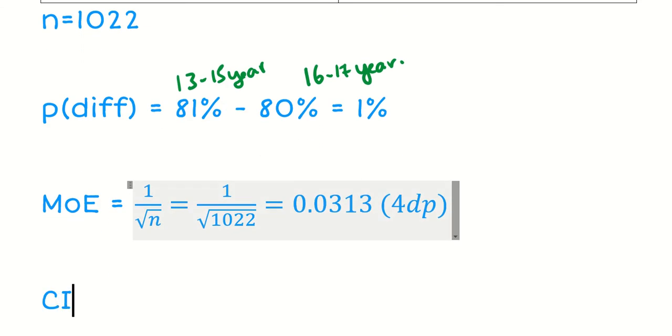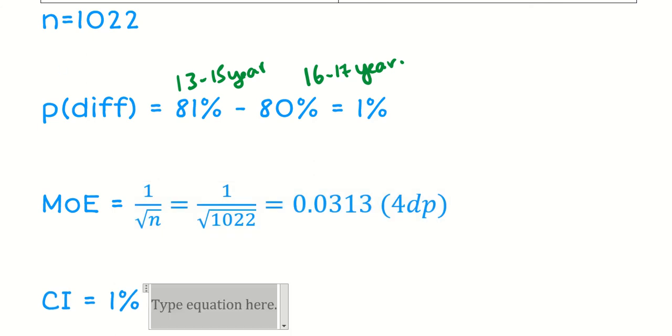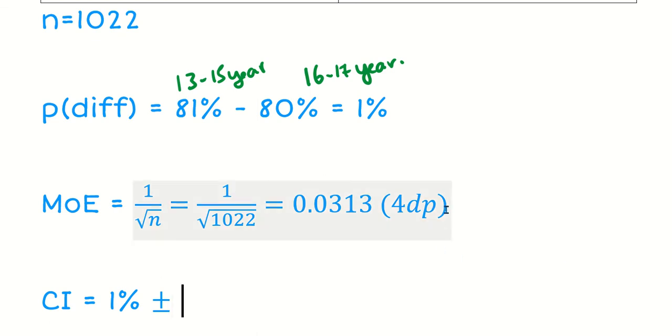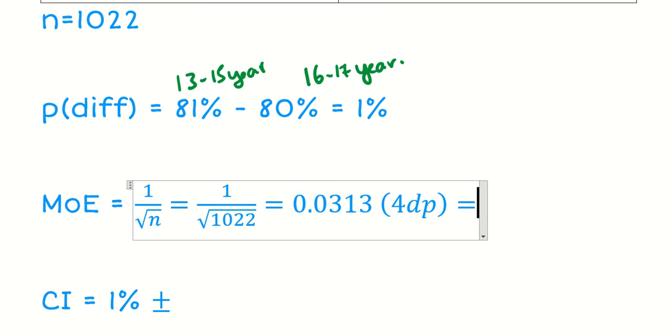Now I can do my confidence interval. So I'm going to do my difference, which is 1%, and I will be doing my plus or minus. Let me grab that symbol, plus or minus. And I need to turn this margin of error here into a percentage, so that's 3.13%.